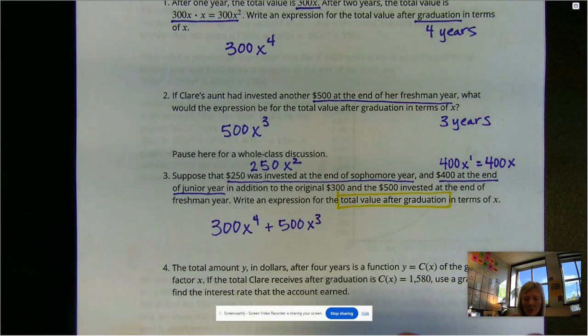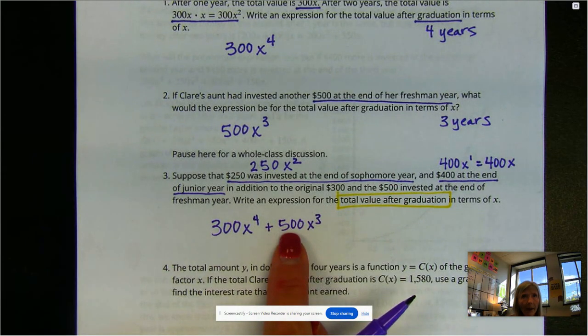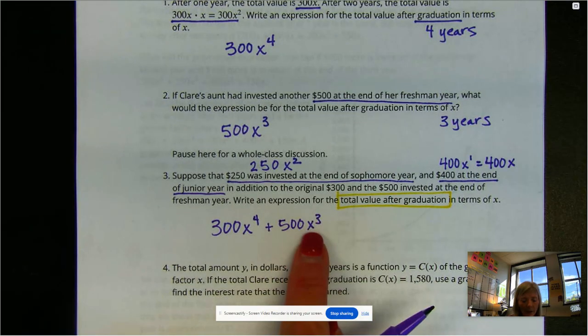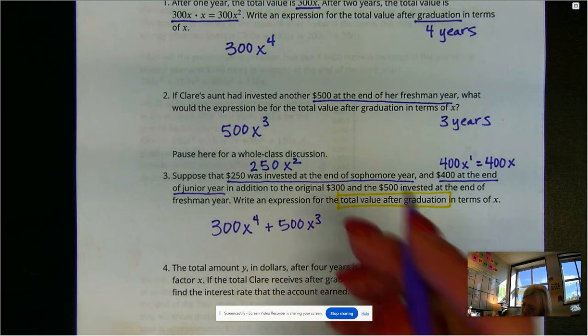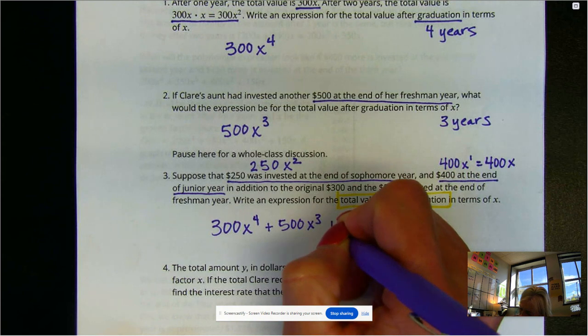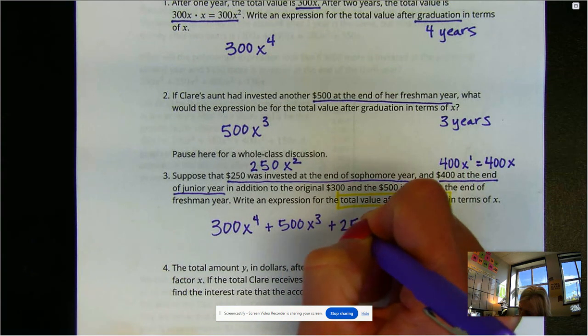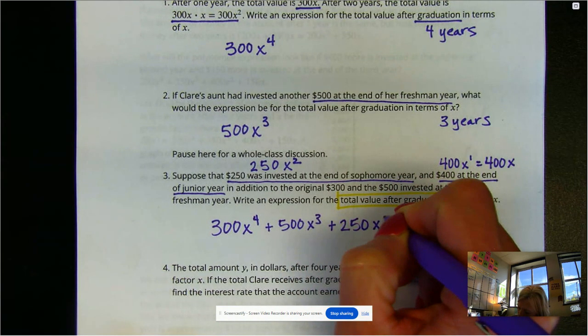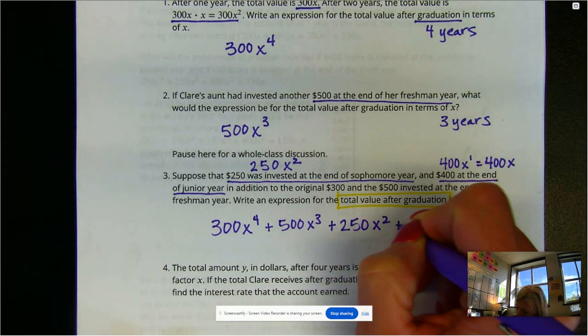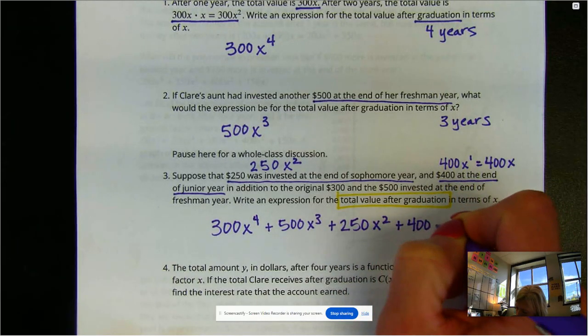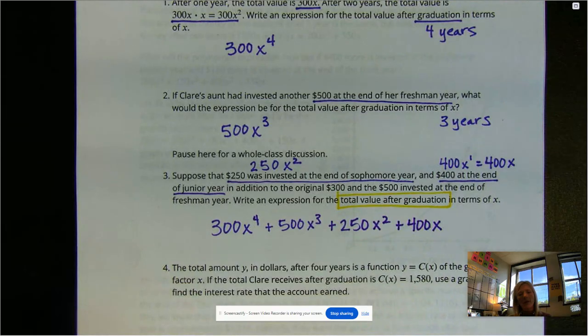That 500x to the third, that's the money at the end of her freshman year. It earns interest for 3 more years. And then plus 250x squared. And finally plus 400x. Okay? So this is called a 4th degree polynomial.